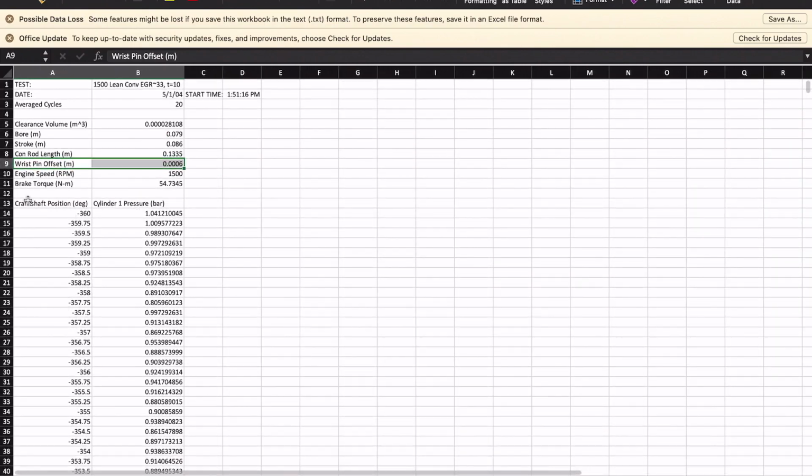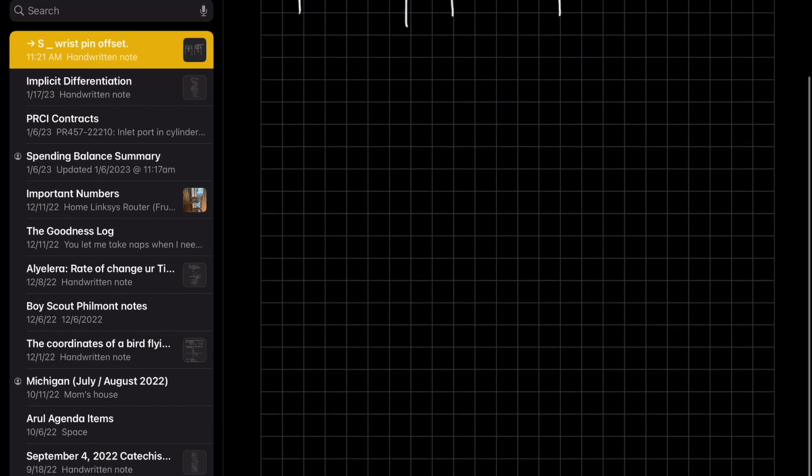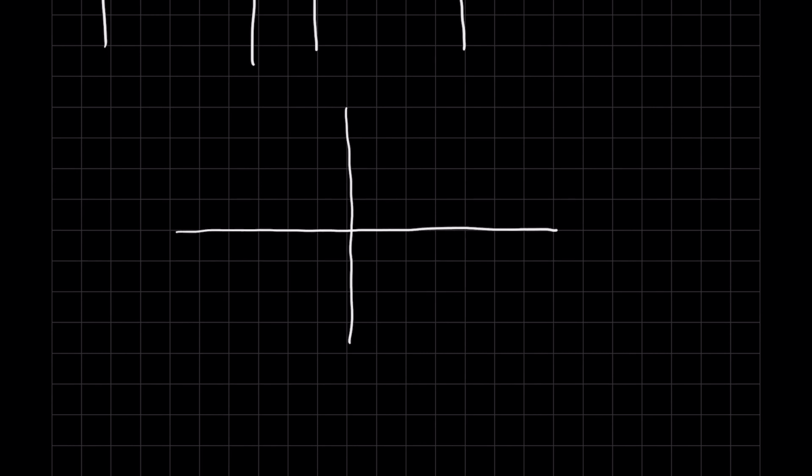So you can plot pressure versus crank angle, and in doing so, what you would get is basically a figure that looks something like the following. So this is crank angle in degrees, and this is pressure in, say, bar. I'm not going to put any values on it, but you can assume that this would be pressure in bar.